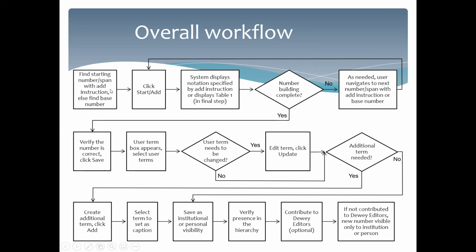So find your starting number, with the added instructions, figure out where you're going to start, and then you're going to click start and add, of course, going the most granular you can. Then you work your way through the system, whether or not you need to add facets, and whether or not the user terms that appear need to be changed, and all that kind of stuff.